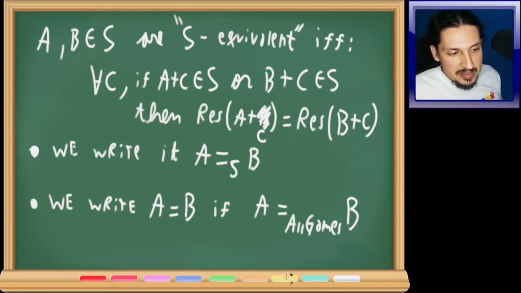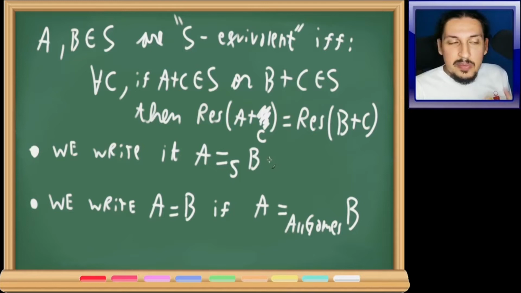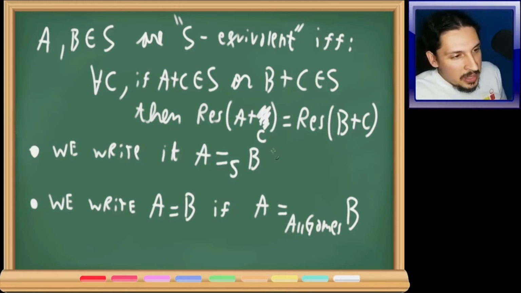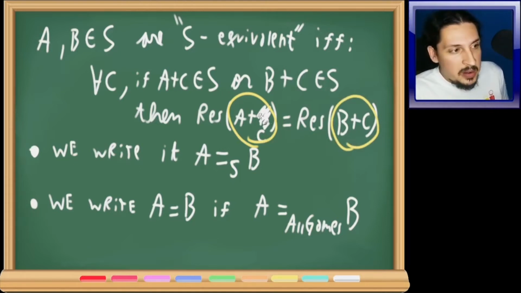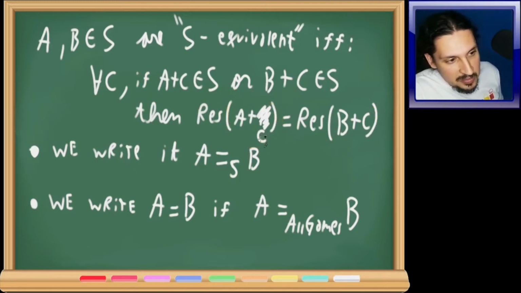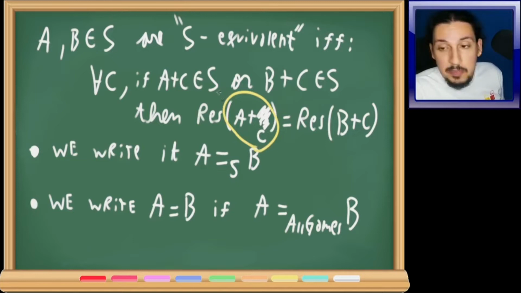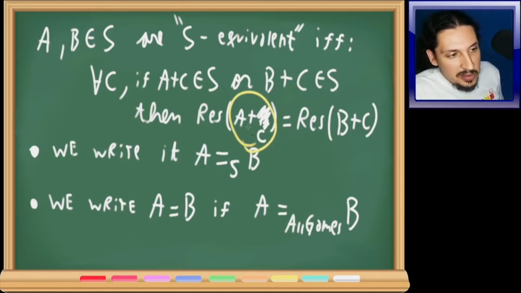Basically, what this means in words, and this is the intuitive notion and the important part, is that if you have positions that are actually a sum of games, and let's say A plus C is in S, then A plus C is a position that is part of the class. That position is a sum of games.